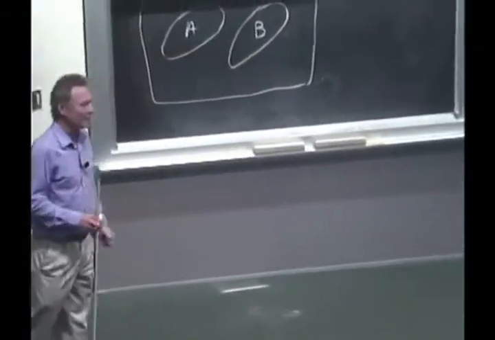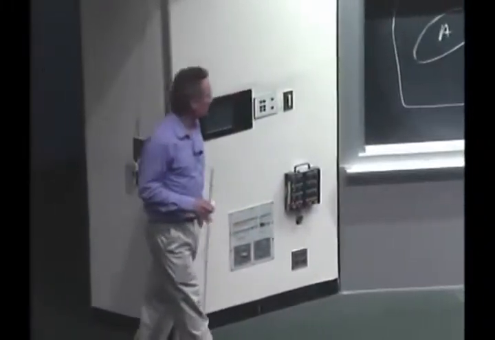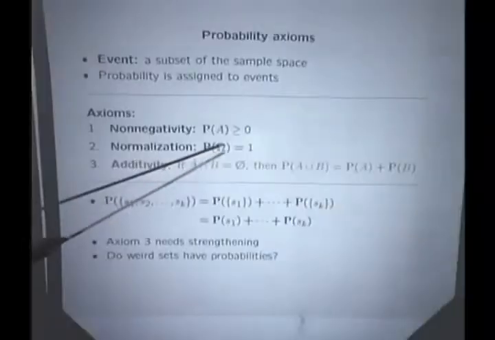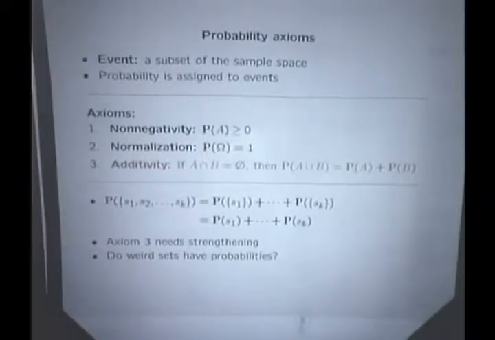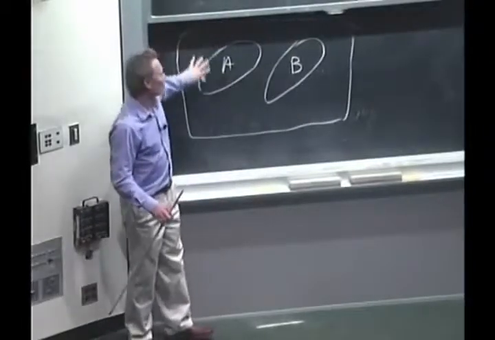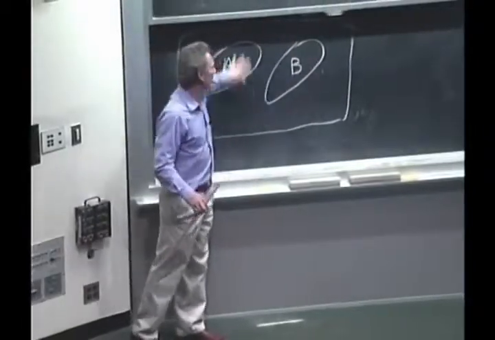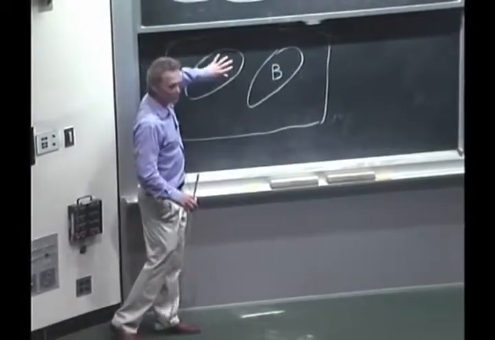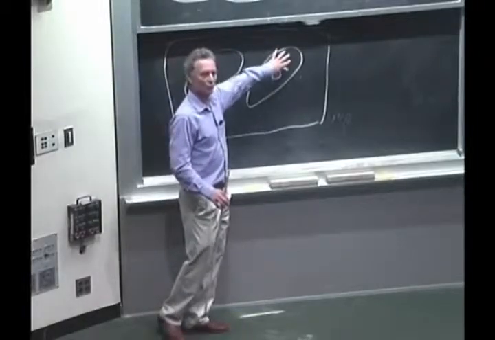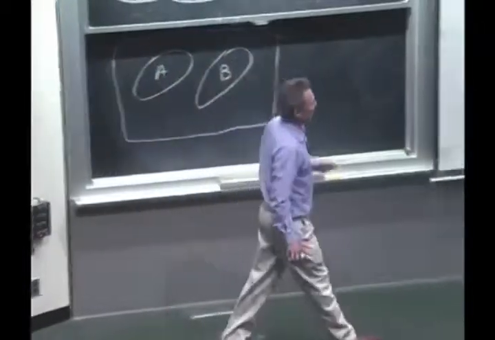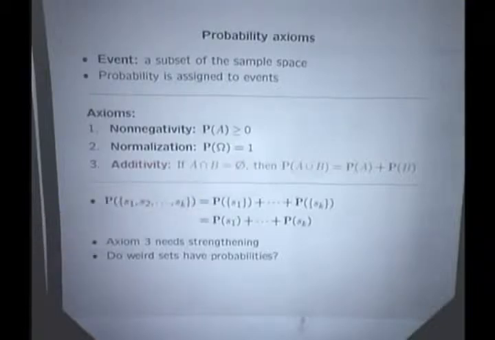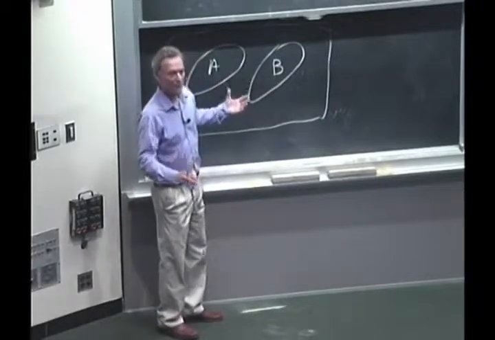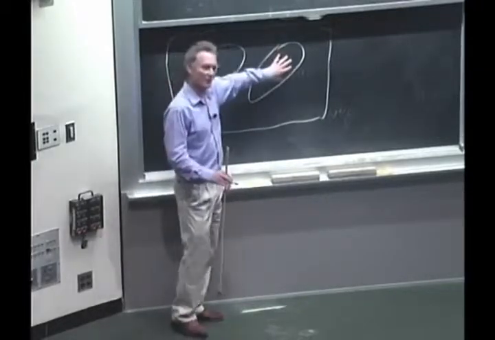So think of probability as being cream cheese. You have 1 pound of cream cheese, the total probability assigned to the entire sample space, and that cream cheese is spread out over this set. The probability of A is how much cream cheese sits on top of A. The probability of B is how much sits on top of B. The probability of A union B is the total amount of cream cheese sitting on top of this and that, which is obviously the sum of how much is sitting here and how much is sitting there.